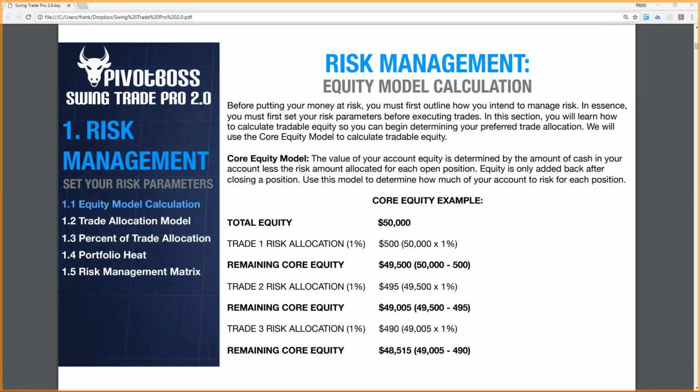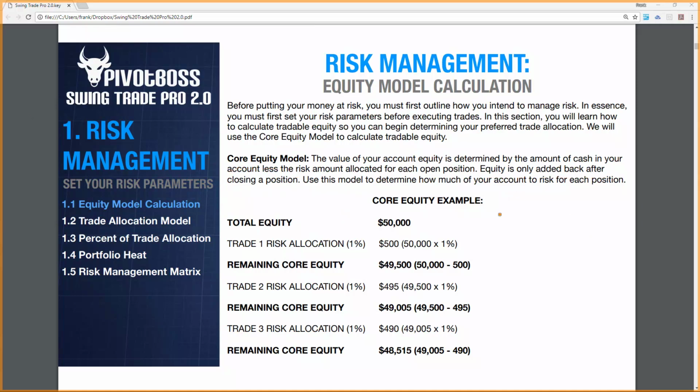In the core equity model, as you see here, the value of your account equity is determined by the amount of cash in your account less the amount allocated for each open position. That's the core equity model. Equity is only added back after closing a position. So you use this model to determine how much of your account to risk for each position.